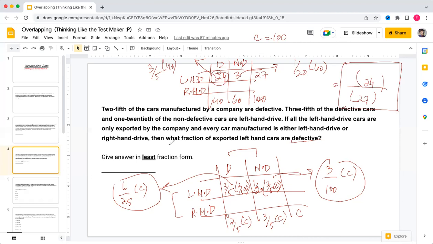Be mindful of these words: the fraction of exported left-hand cars, not of the total cars. If the question said exported total cars, we could have used 100. But the question asks about exported left-hand cars. So we have 27, and of those, 24 are defective. So this is 24/27, which you can convert into least fraction form and get the answer.